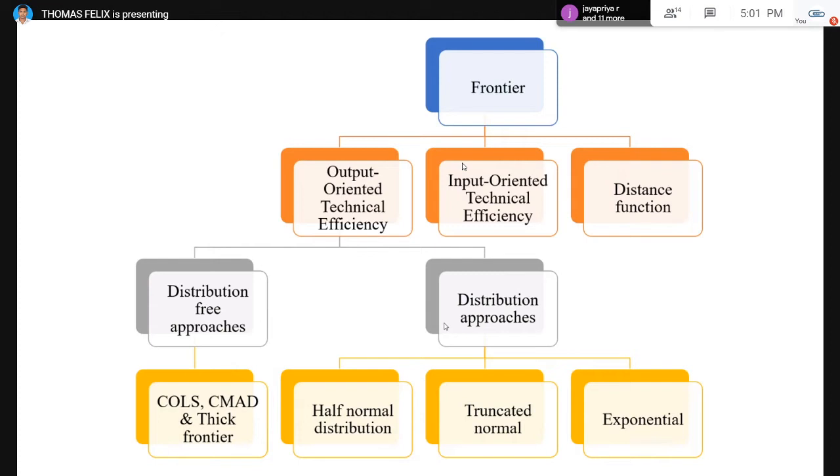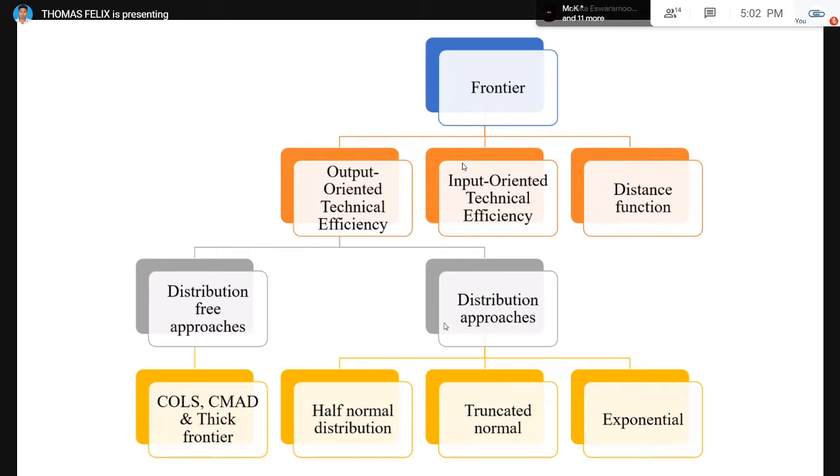Usually we have the assumption that the error follows some distribution, usually the normal distribution. That is the distributional approach. On the other hand, the distribution free approach does not follow any distribution.